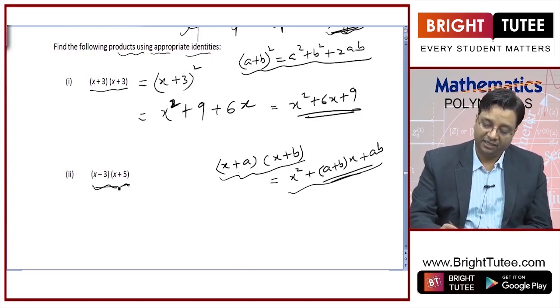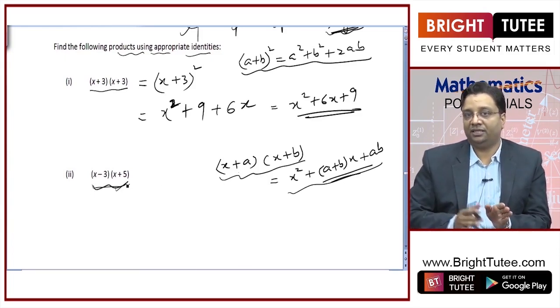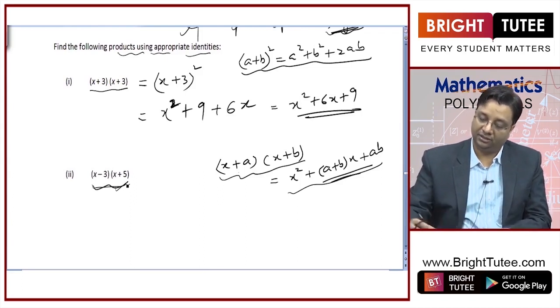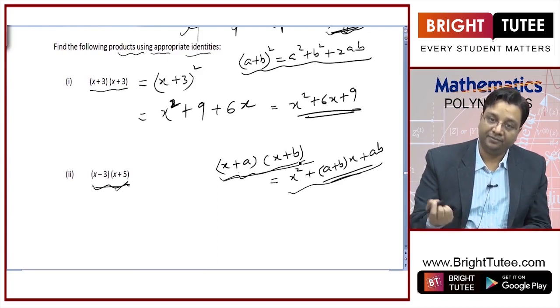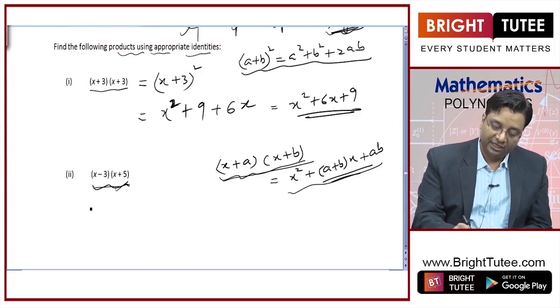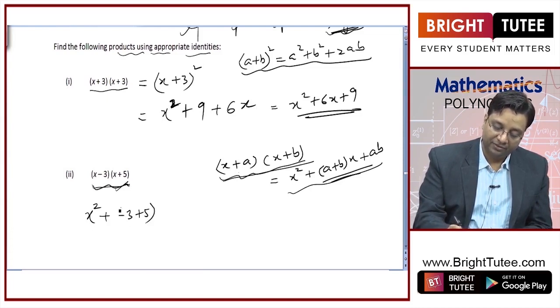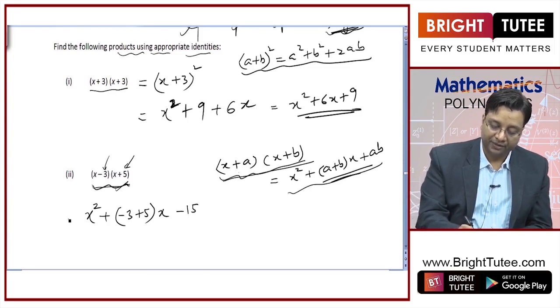Otherwise, multiplying these two brackets is equally good as memorizing this identity, right? So if I use the identity, I can write x square plus (minus 3 plus 5)x plus the product of these two, so it will be minus 15. Hence this will be x square plus 2x minus 15.